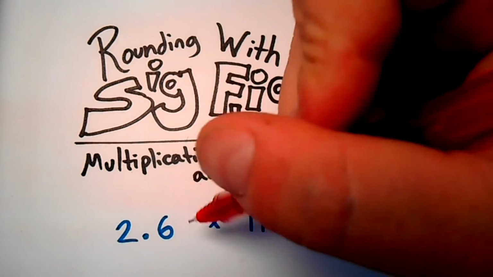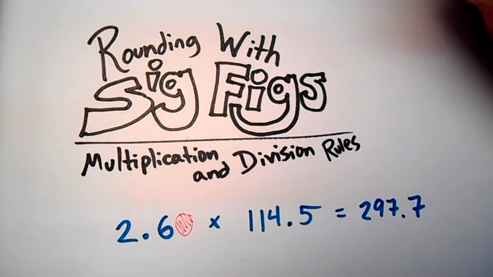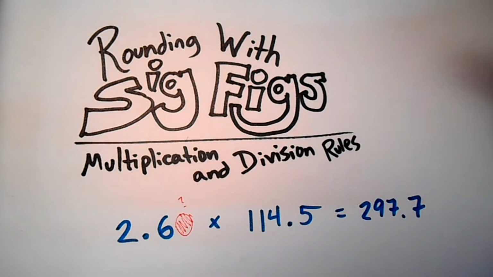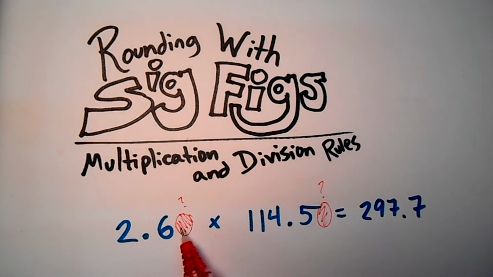Since you don't know anything about this area here, and that's not a zero, that's just my little mystery area, I don't know what is going on there, and I don't know what's going on here either. Whatever this uncertainty is, when I multiply these two numbers together, I have also multiplied the uncertainty. I have multiplied how little I know about that spot, and that's going to carry over into larger values.